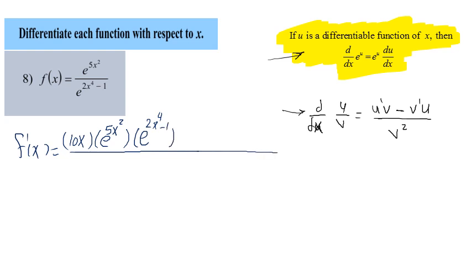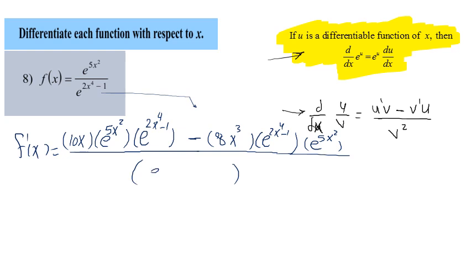That all minus the derivative of the denominator, e to the power of 2x to the power of 4 minus 1, multiplied by the derivative of the power, which is 8x to the power of 3, multiplied by the numerator, e to the power of 5x squared, divided by e to the power of 2x to the power of 4 minus 1 all to the power of 2, or the square of the denominator.